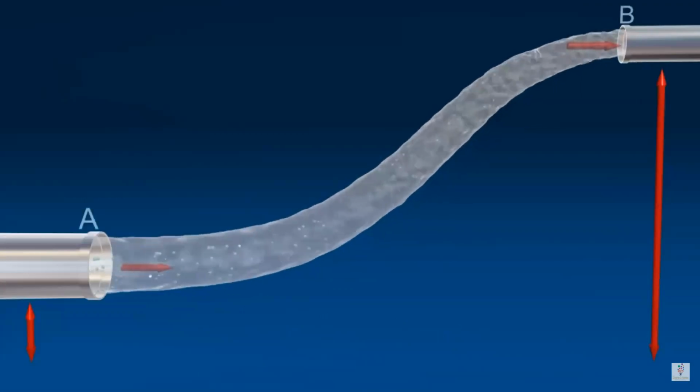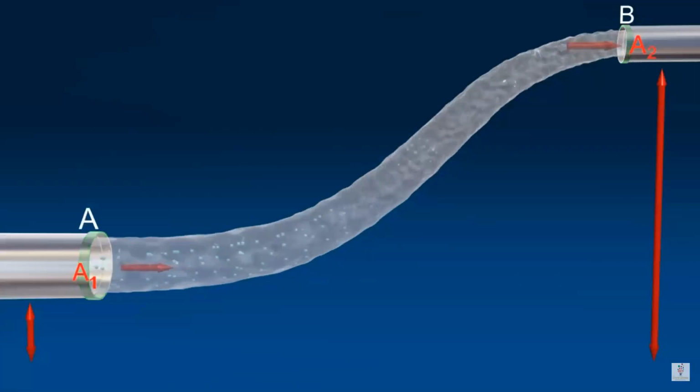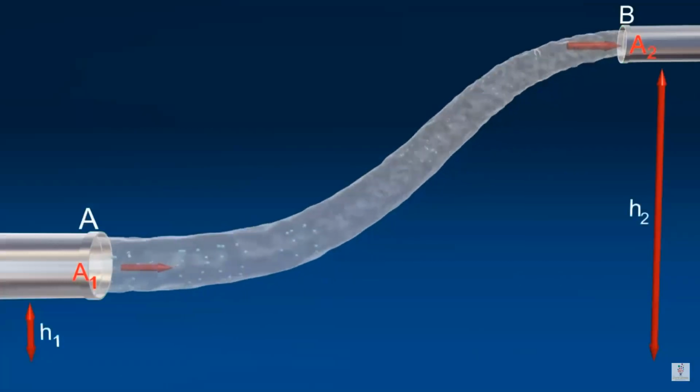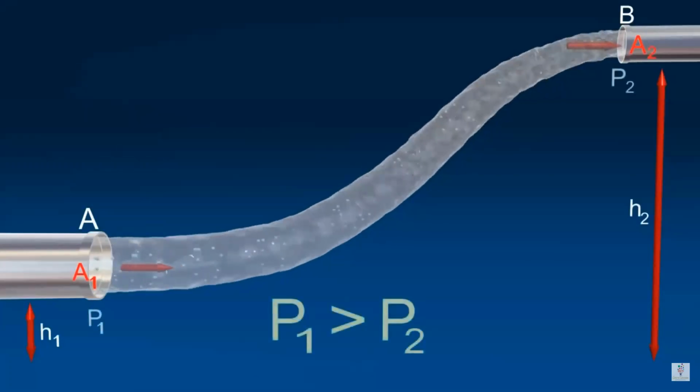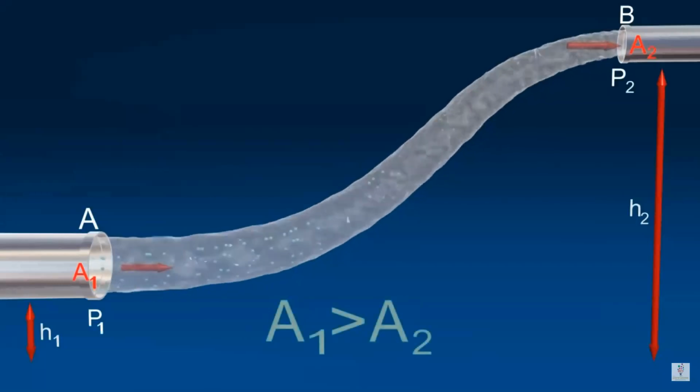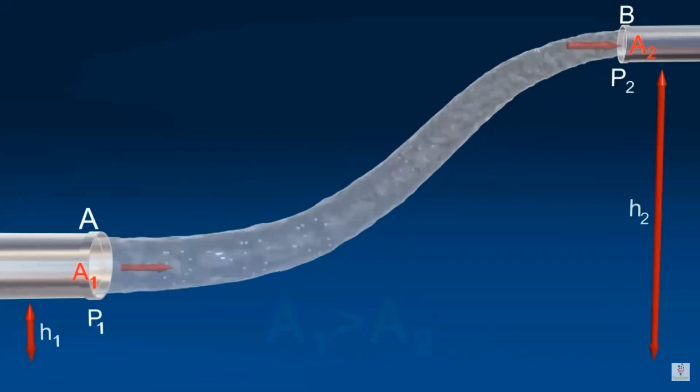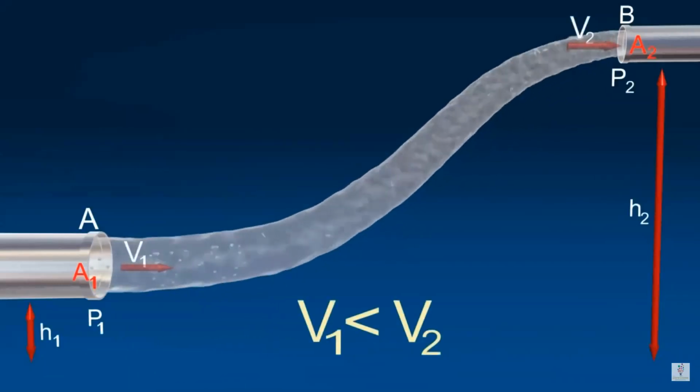Consider a tube AB of varying cross-section A1 and A2 and at different heights H1 and H2. Liquid is flowing from A to B. P1 is greater than P2. Here, A1 is greater than A2, so V1 is less than V2.